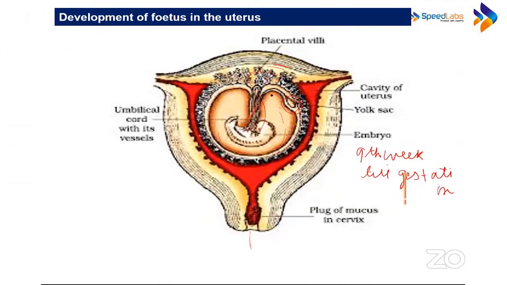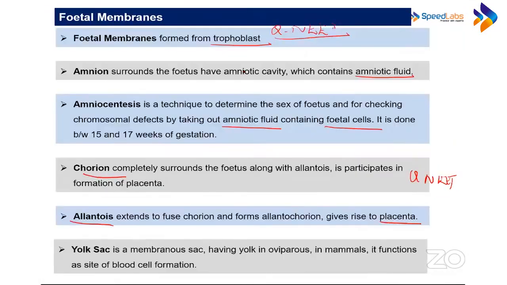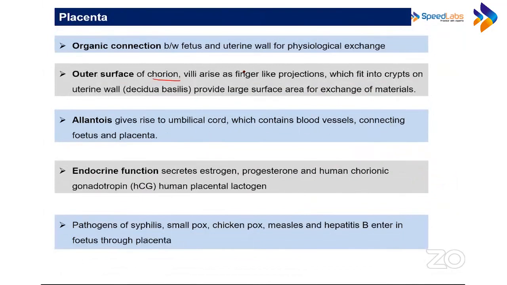Yolk sac is much reduced and allantois develops into the placenta. It is formed from the out pouching here and then it merges and forms the placenta. Okay. Allantois also gives rise to the umbilical cord that contains the blood vessels connecting the fetus and the placenta.